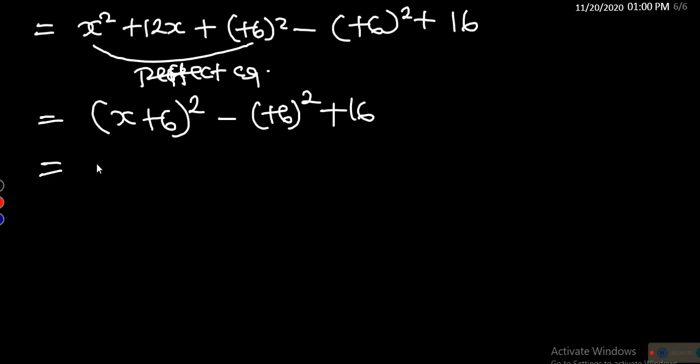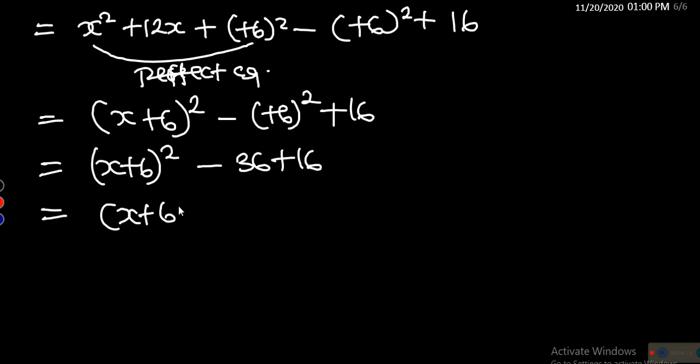So if we simplify that, we have (x + 6)² − 36 + 16, and this will give us (x + 6)² − 20. And of course the square is complete, guys, and this is a perfect square now. And if you expand this bracket, you have the question.